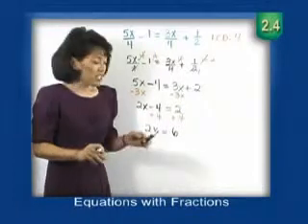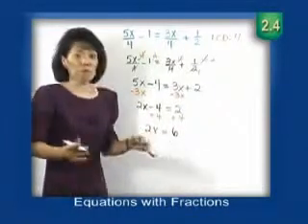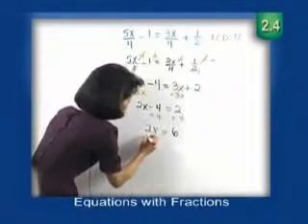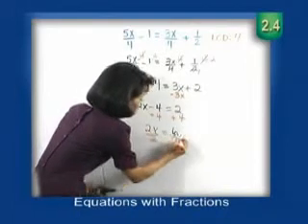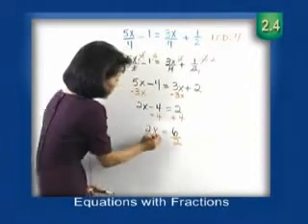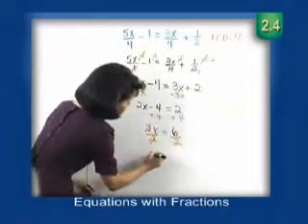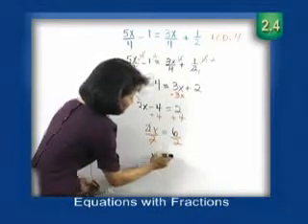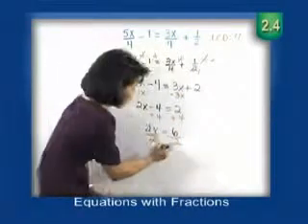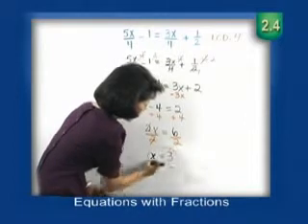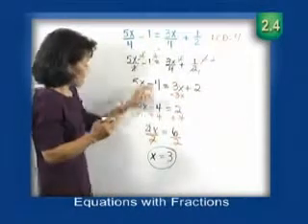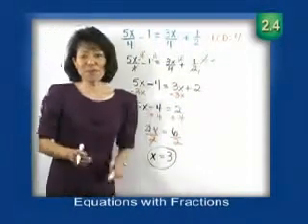We see that we need to undo the multiplication by applying the division principle. Divide both sides by 2. When we do, the 2's divide out, and I'm left with x equals 6 divided by 2, which is 3. So all this work, and we get the solution x equals 3.